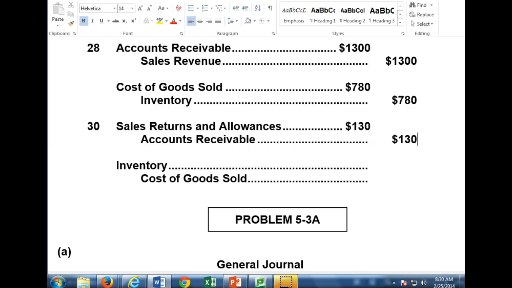We're going to reduce how much they owe us by $130. But our inventory gets increased again, doesn't it? Because the books came back to us. So the inventory gets increased by $80, and we show that we actually didn't sell those books after all. Any questions on these transactions, guys?